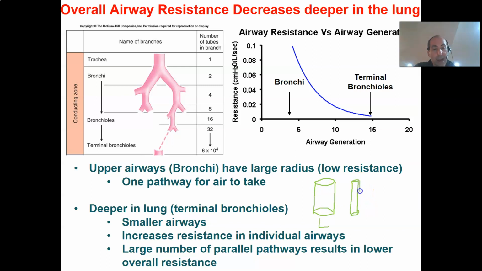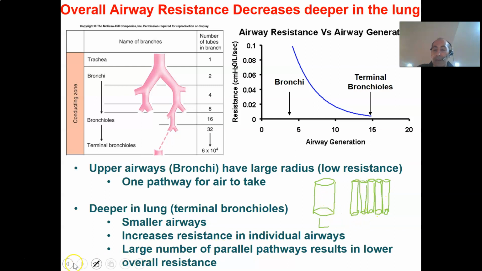However, if I had a series of these smaller airways, the total resistance of all of these, in this case the 5 combined, would be lower than this large one.